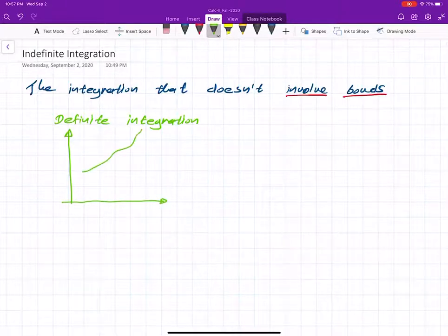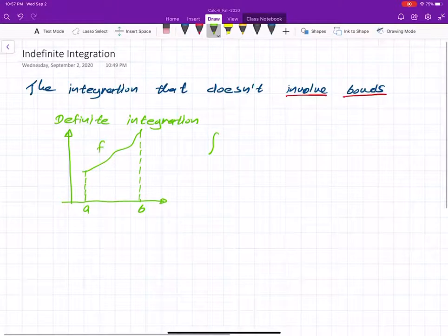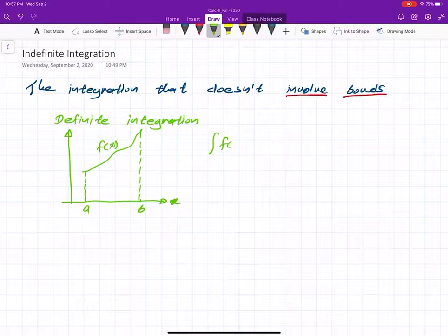There's a curve, and if you want to get the integration from a to b, you write the integration of this function, which is f of x, from a to b. This is called definite integration. It's a recall.